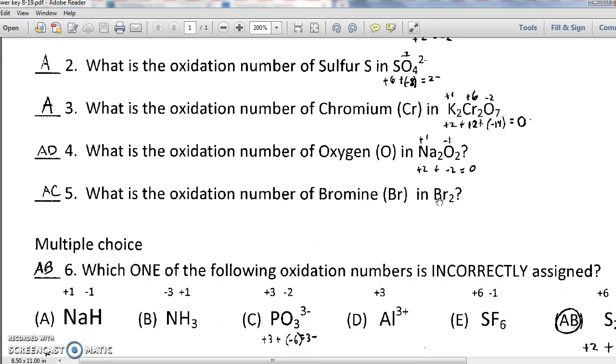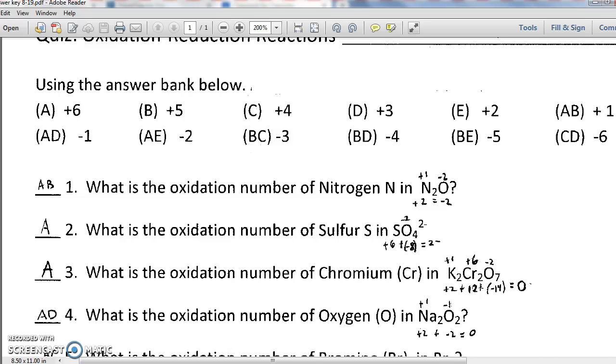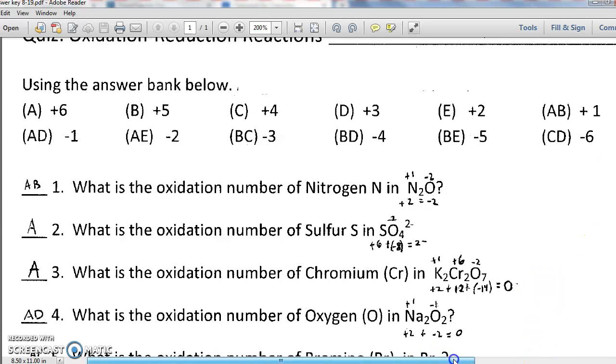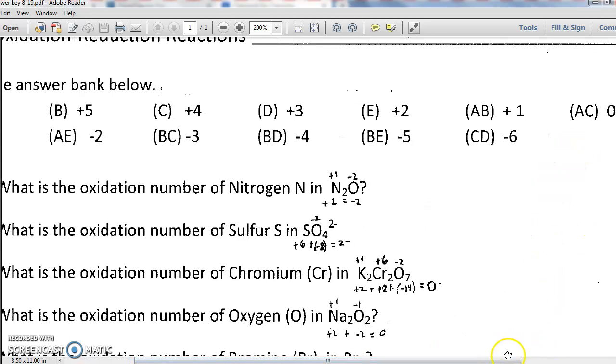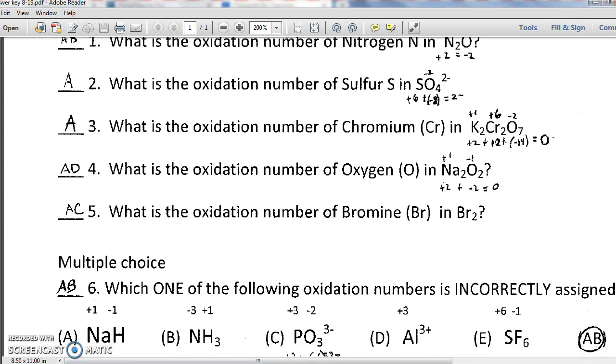You can't control electrons from another atom that is the exact same as you. You have the same electronegativities. There's no hogging going on. So the Br is 0 oxidation number, and that is letter C. And we are done with the first 5.